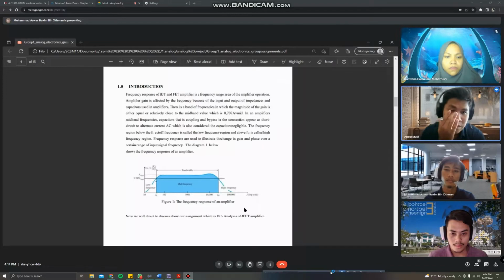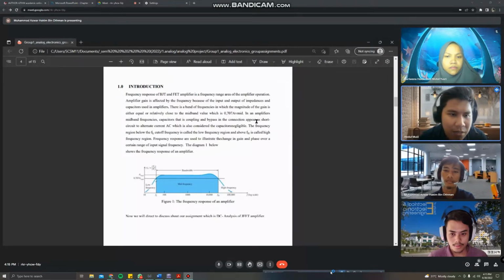The amplifier gain is affected by the frequency because of the input and output impedance and the capacitors used in an amplifier. There is a band of frequency in which the magnitude of the gain is equal or relatively close to the midband value, which is 0.707 AV.